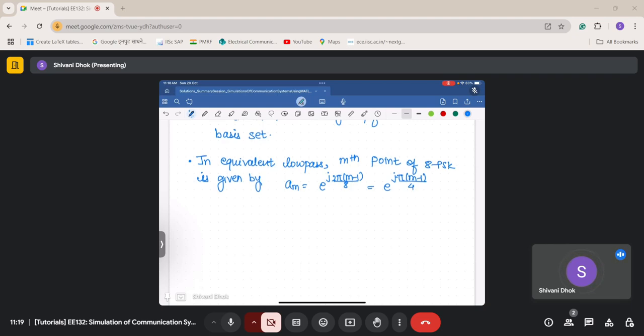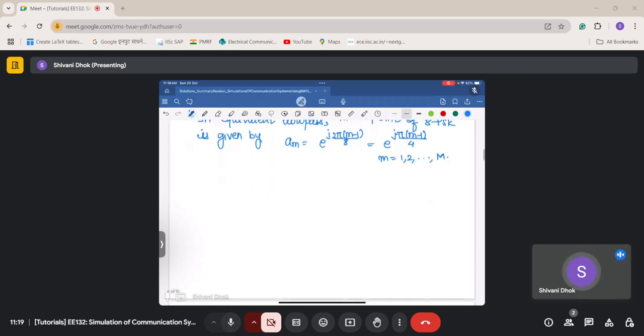Okay. So this is what you have, where your m is from 1, 2 and so on till 8. Okay, so this is your constellation.